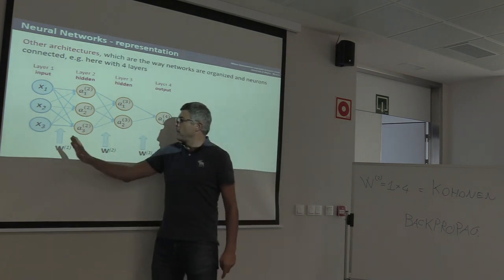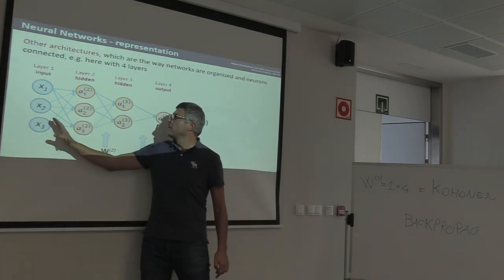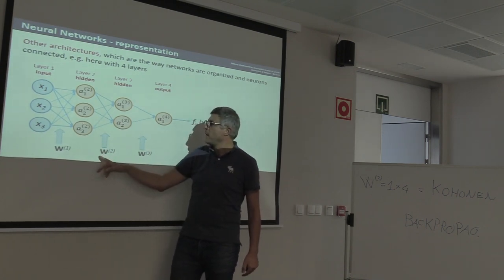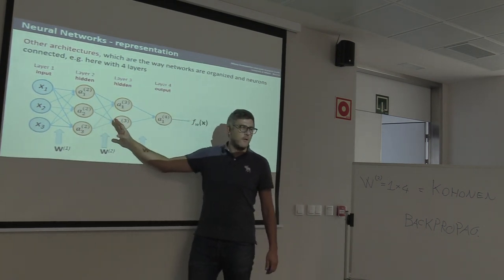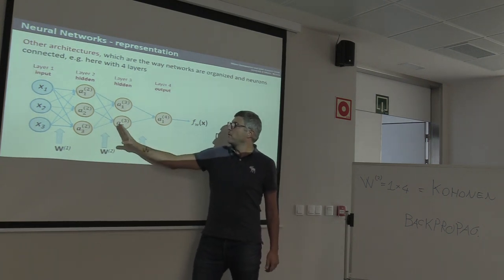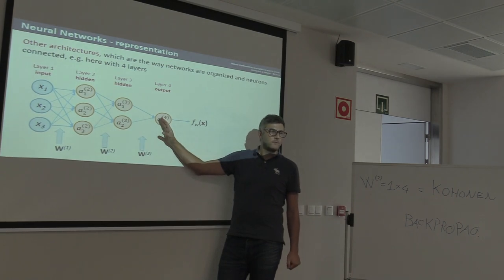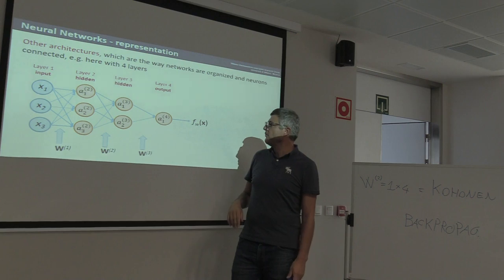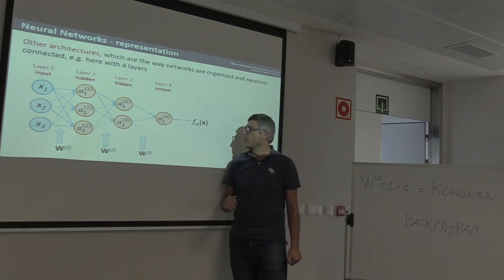So here we will have the weights from the input to the first hidden layer, then the weights from the first hidden layer to the second hidden layer, then the weights from the second hidden layer to the output. And this is how the information is propagated.